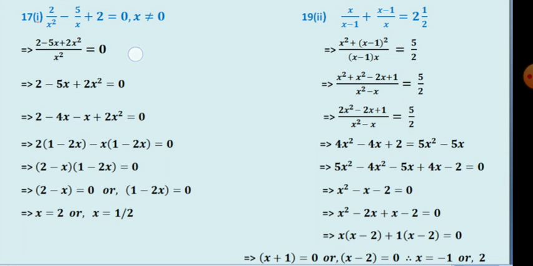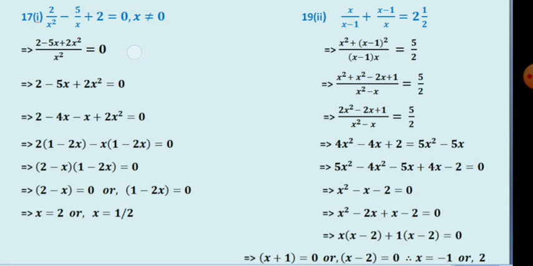So in the numerator we'll write minus 5x, and in case of 2 the denominator is 1, so we have to multiply it with x squared in both numerator and denominator. So we'll have plus 2x squared, which is equals to 0.